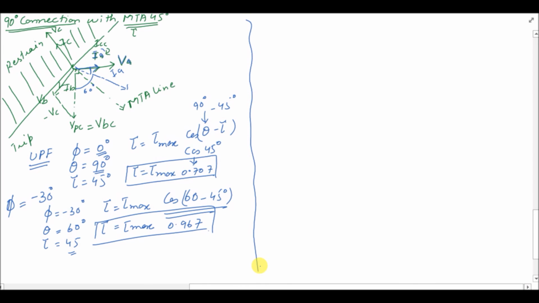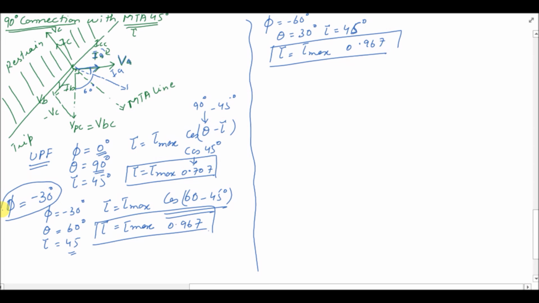Now for minus 60 degree value of power factor angle, theta will be equal to 30 degree and tau will be equal to 45 degree. And in this case the torque will be equal to tau max 0.967, that is same as for the power factor angle of minus 30 degree, right?